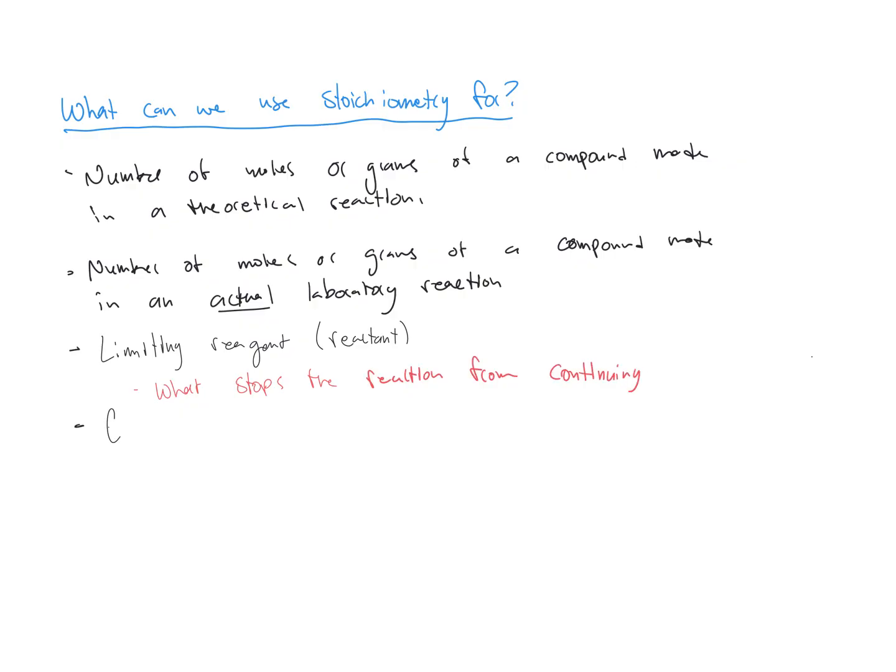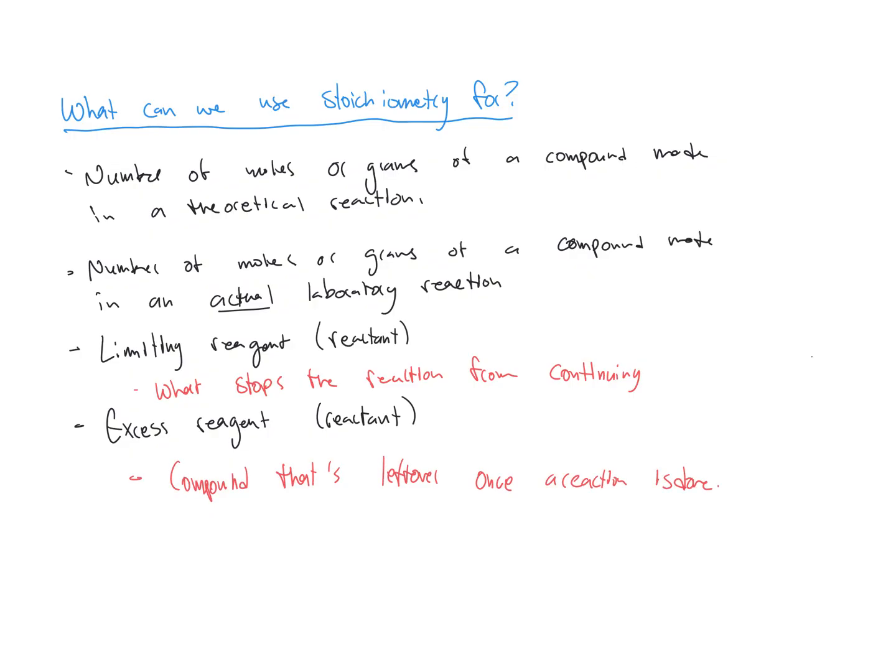I can calculate the excess reagent or reactant in a reaction. And this is the compound that is left over once a reaction is done, or what's in excess. If I have too much of something, I should have that left over at the end, and I can determine which one of my reactants that is and how much of that is in there.